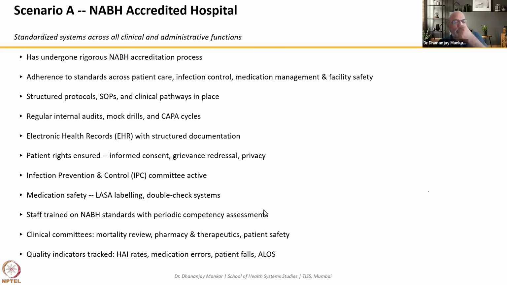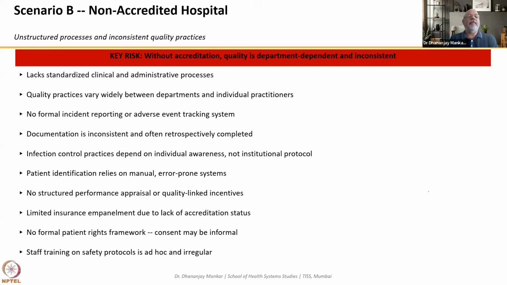Quality indicators tracked include HAIs, that is hospital acquired infections, medication errors, patient falls, and average length of stay. So quality indicators play a very important role in NABH accredited hospitals, and a standardized system approach is very evident if you go and see an institution that has received NABH accreditation.